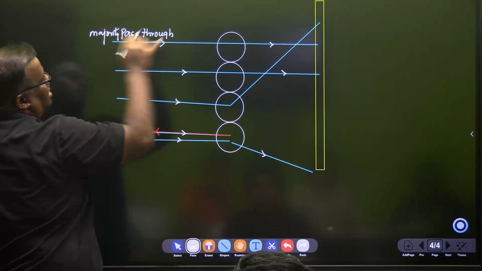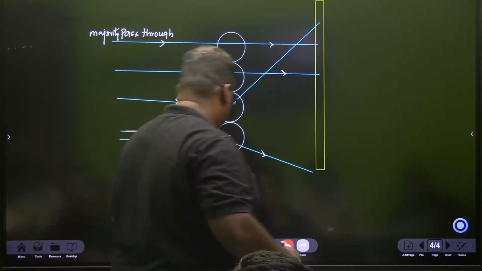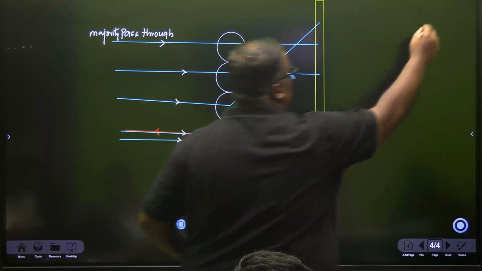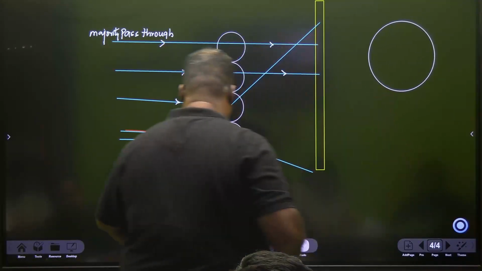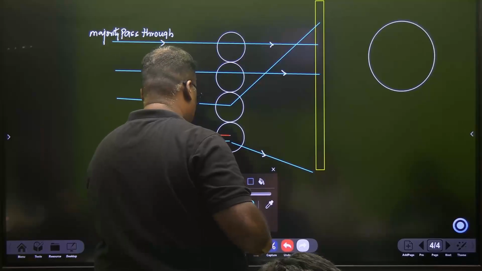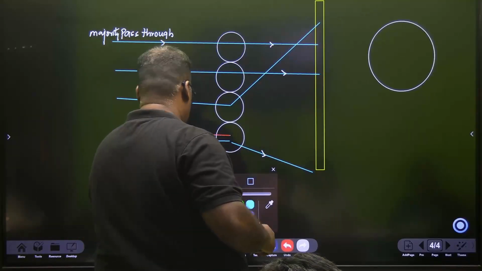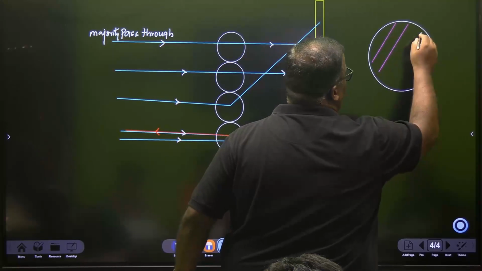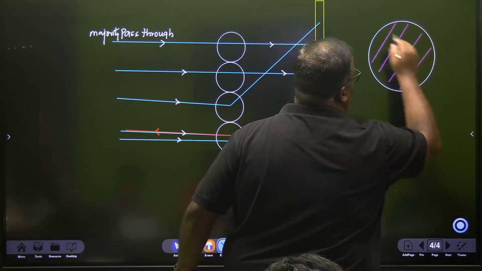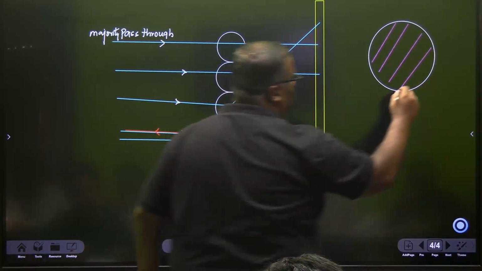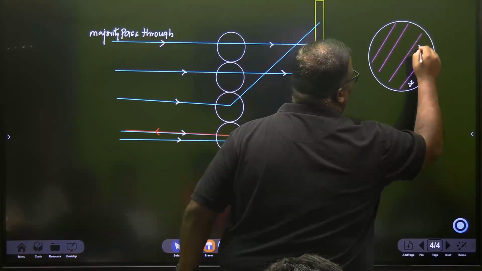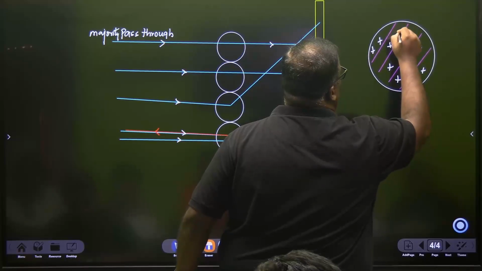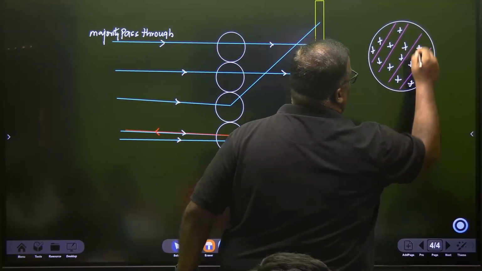right? And as I write this, I also keep J.J. Thomson's model also. In J.J. Thomson's model, it is said that the atom is a positively charged sphere, right? The entire atom is positive, positive, positive. The atom is fully positively charged, right?